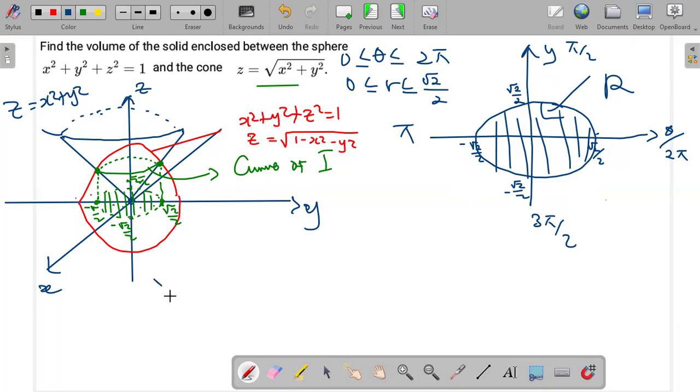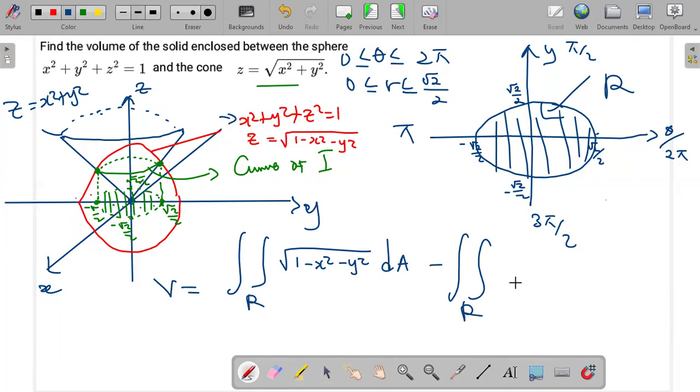Remember we said our volume will be equal to the integral over R, the region, of the upper surface. We said the upper surface is the sphere, so we have to make z the subject of the formula there. So it will be the integral of the square root of 1 minus x squared minus y squared dA minus the integral over the same region, using the lower surface, which is the cone.